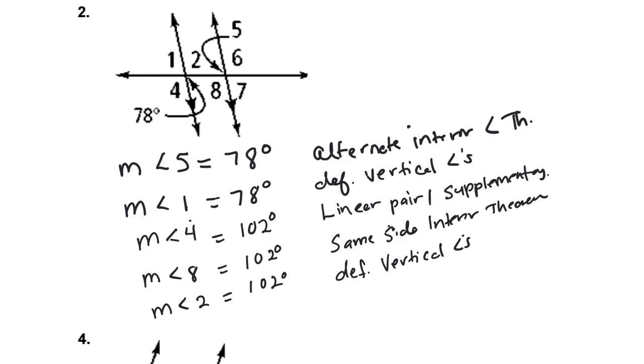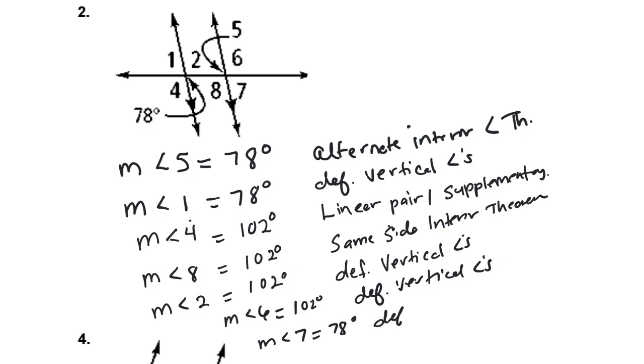The measurement of angle 6 is going to be 102, definition of vertical angles. And then the measurement of angle 7 is going to be 78, and you can say definition of linear pair.